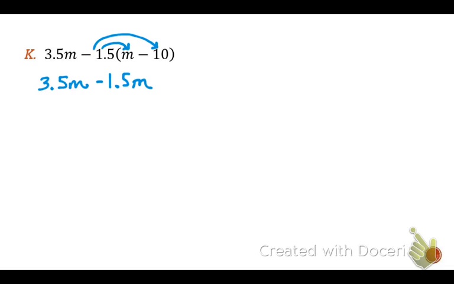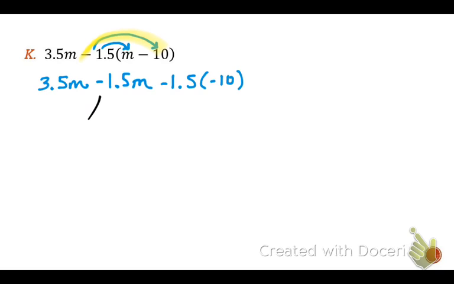Now we've got to multiply this one times that one. So we're going to just go ahead and write negative 1.5 times negative 10. All right, so as we are working from left to right, what do you think I should do first? Think about PEMDAS.